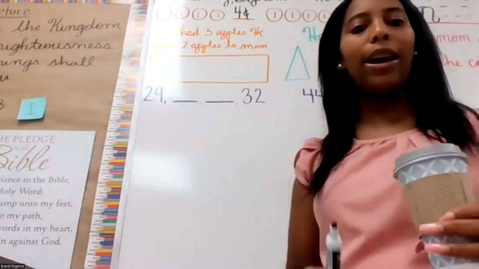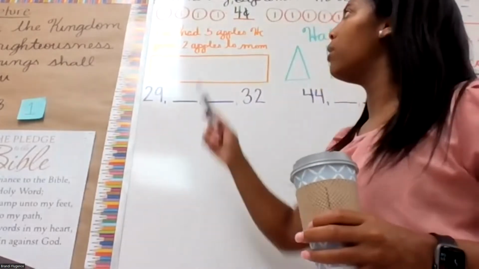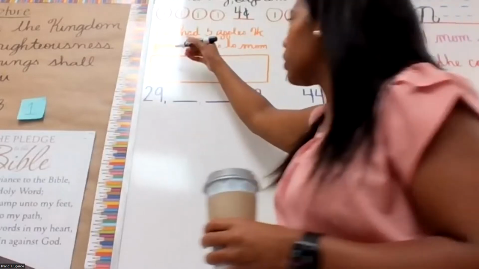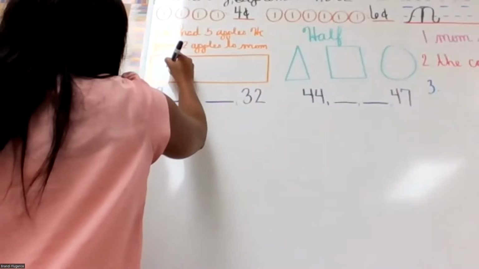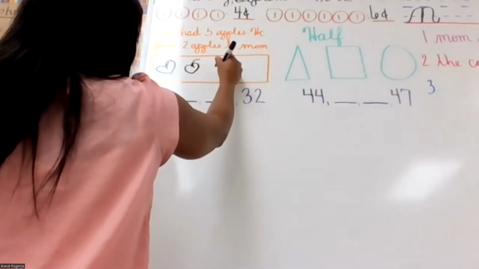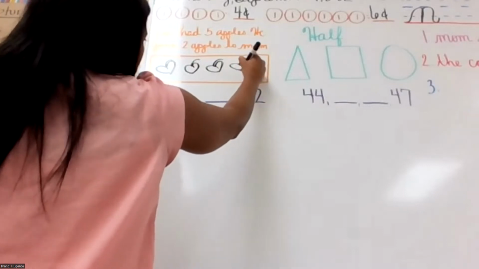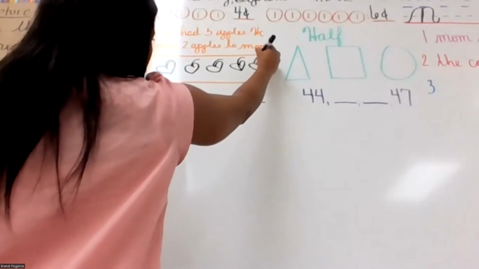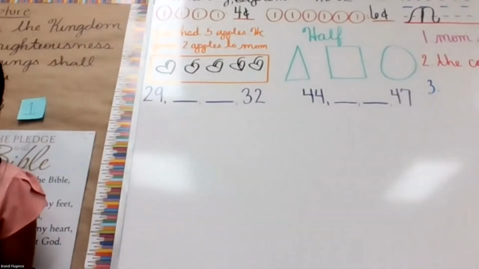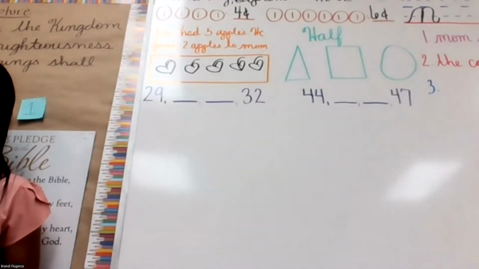So let's go ahead and draw a picture now. Joe had how many apples to start? 5. So let's draw his 5 apples. Is that an apple? It is. Okay, and then it says he gave two to Mom. How do I show that he gave two away?